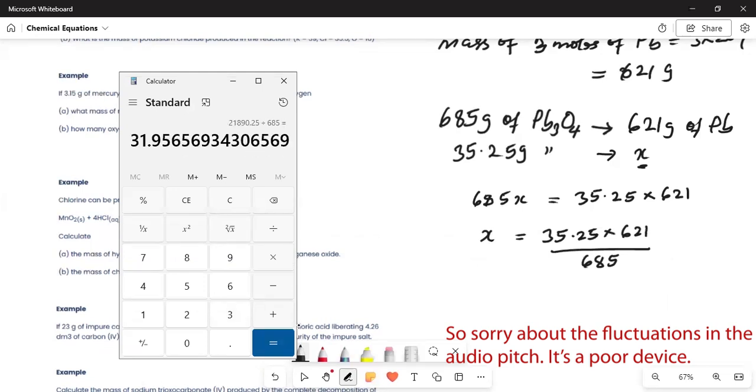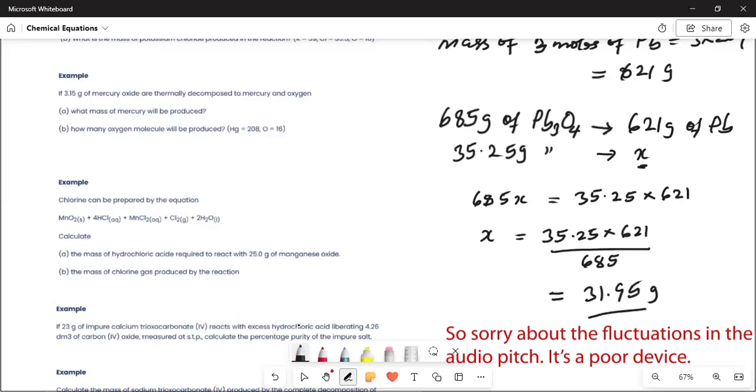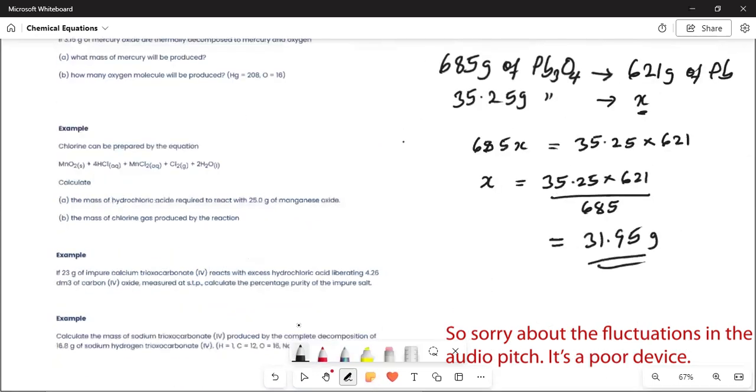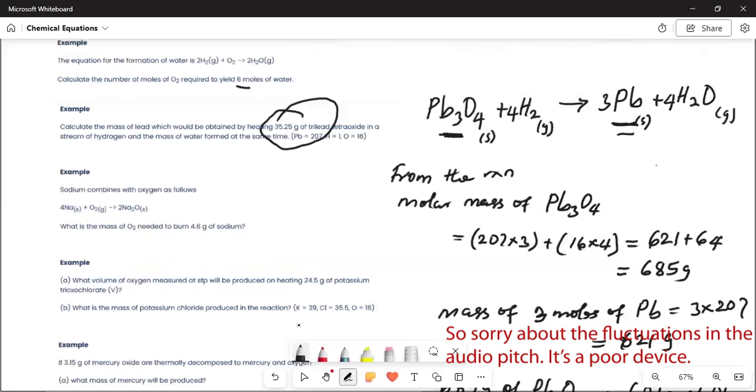That is 31.95. So the mass of lead obtained from heating 35.25 gram of dry trilead tetraoxide is 31.95. Then the second part of the question says, and the mass of water formed at the same time.